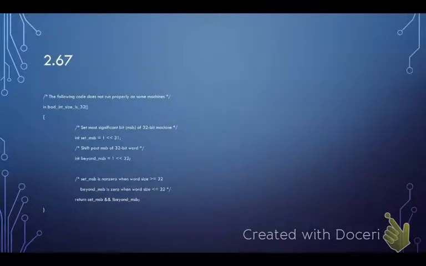2.67 gives us this problem where we've been given a function called bad int size is 32, and basically we need to make this into a good int size is 32. The problem is that this particular function, if compiled on certain machines, will give us a warning or an error.